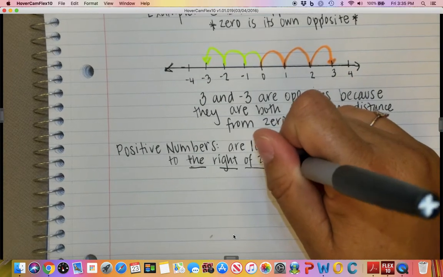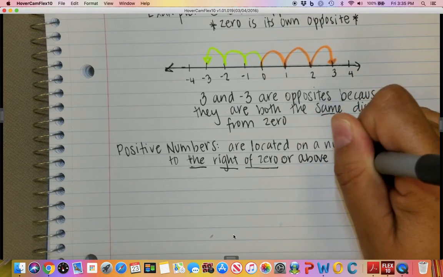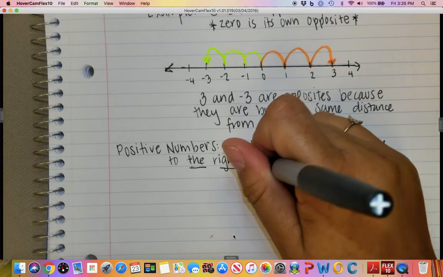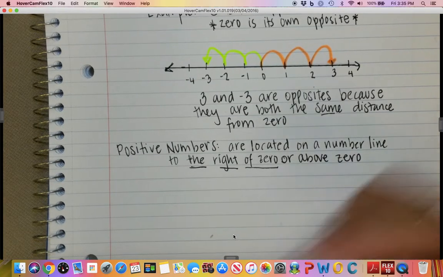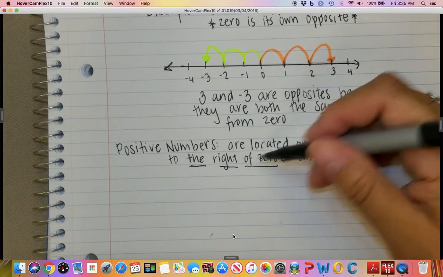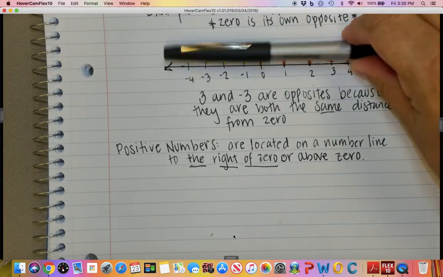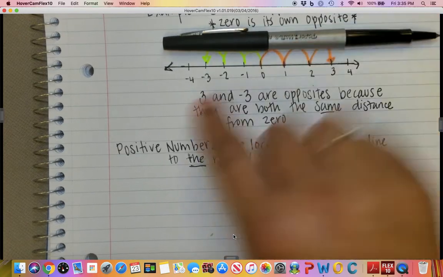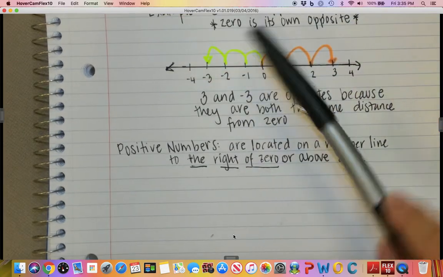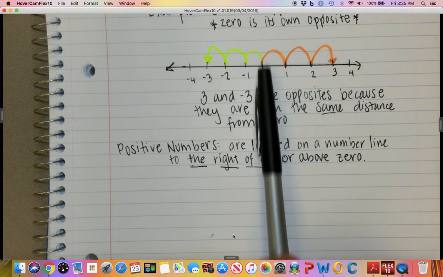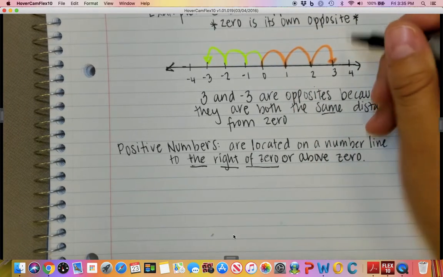Or above 0 if I have a vertical number line, which I'll show you in a minute. So they're located to the right of 0 or above 0. So this right here is a horizontal number line. It's like the horizon. It goes from left to right. And if we have 0 here, all of our positive numbers go to the right.